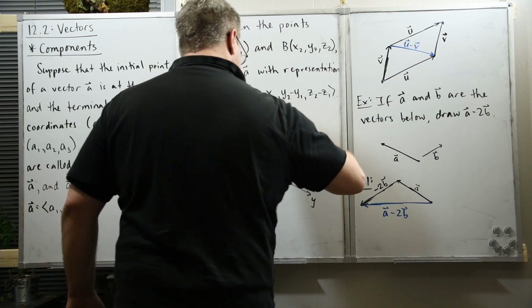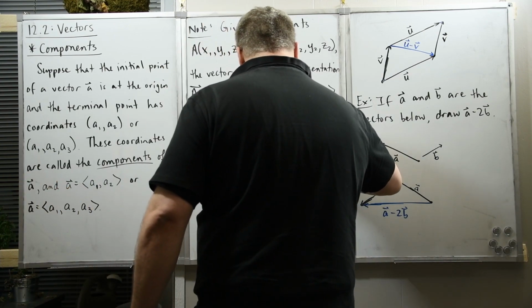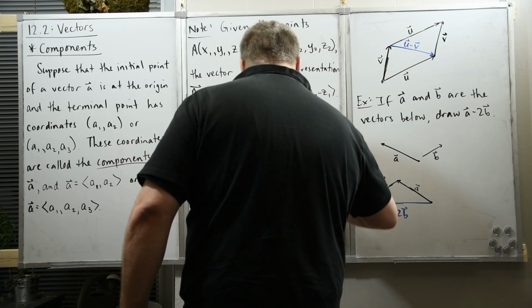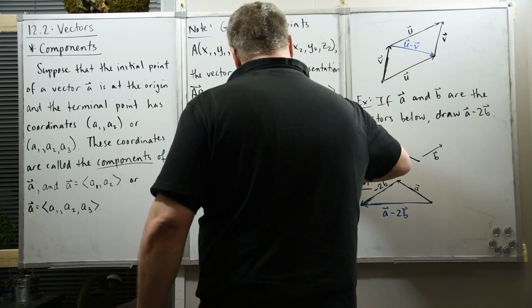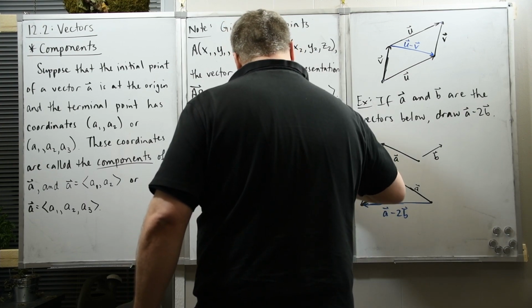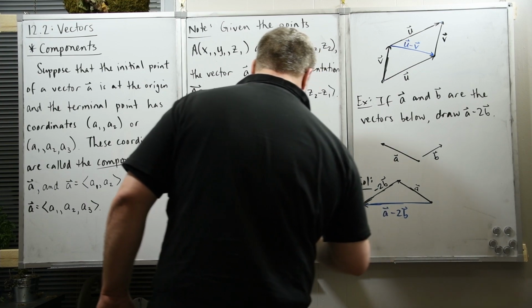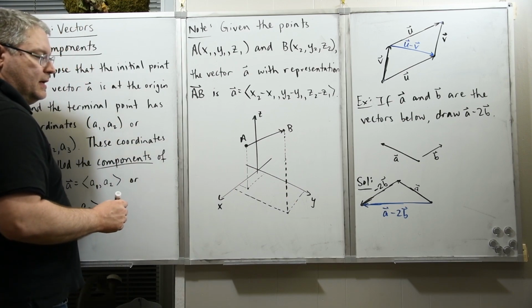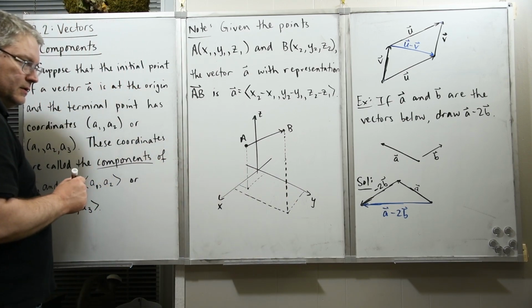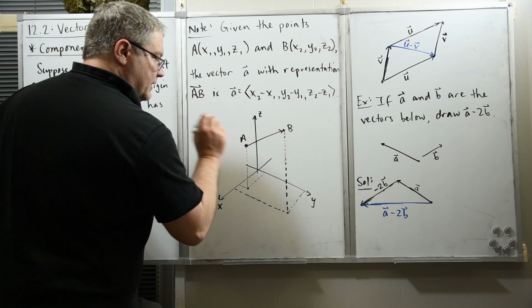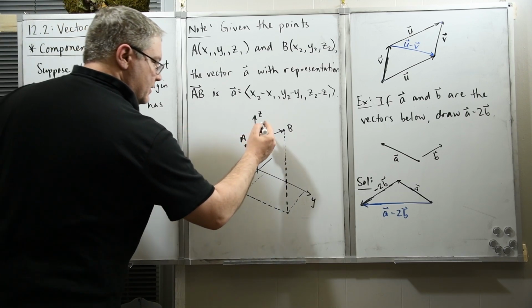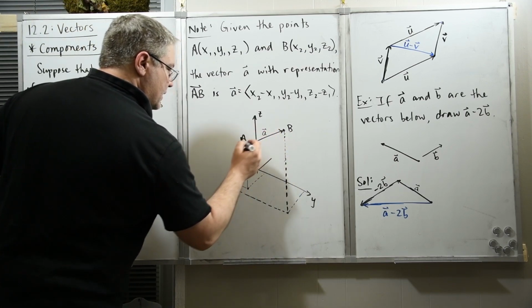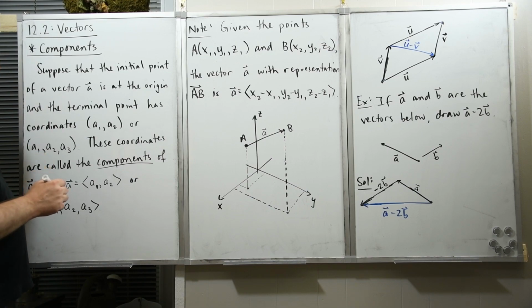And maybe the image of the point B in the xy plane, maybe it looks something like this. Who knows? But one thing that we do know is that if we're looking for the component form for this vector A, then we better have the initial point at the origin.